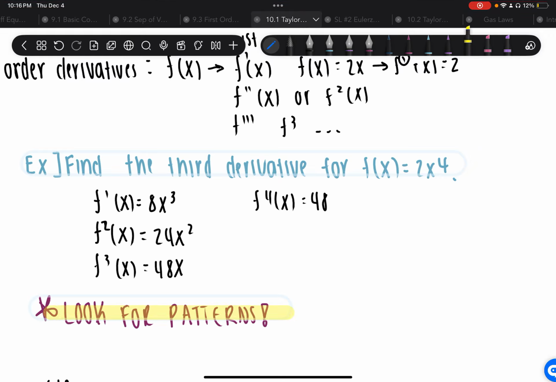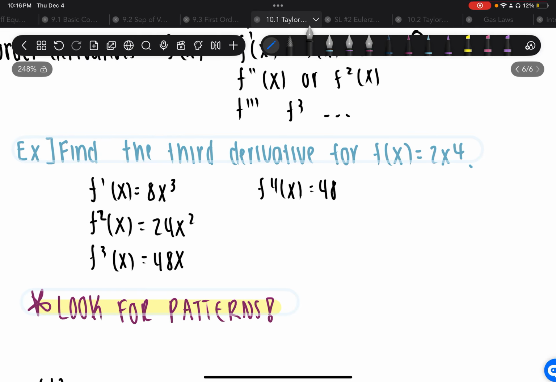And now the most important thing to look for while we are solving for these is to look for patterns. So, for example, for this problem, I can see that the coefficient and the exponent are getting multiplied, and then we are subtracting 1 from the exponent. So we can write that as n x to the n minus 1.